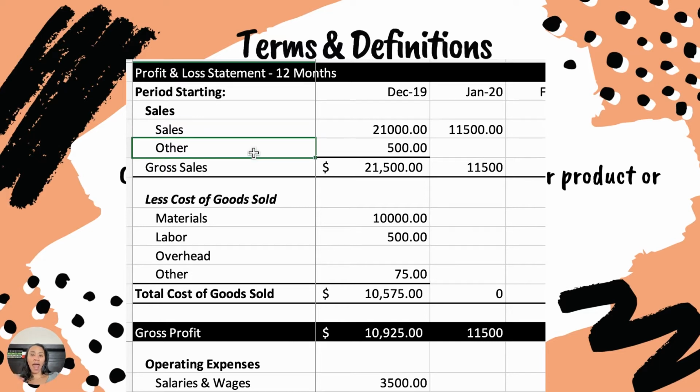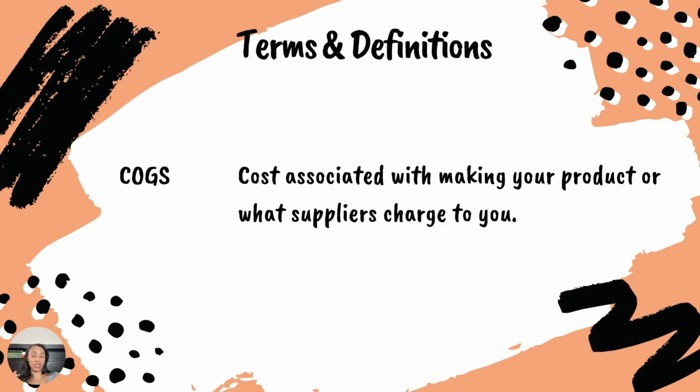Okay, so how much did you pay to get that product? And I usually include shipping and handling fees. So that's the cost associated for you selling the product. Okay, so suppliers, what the suppliers charge you.